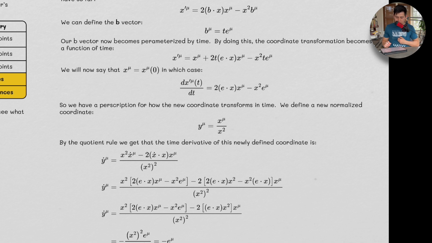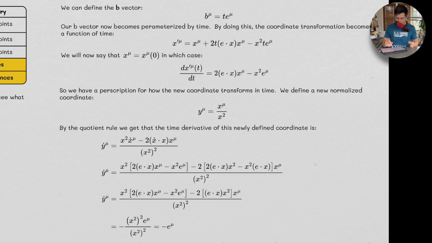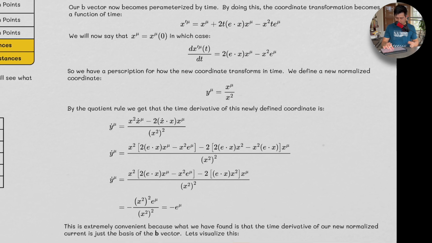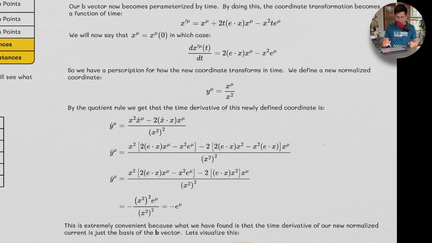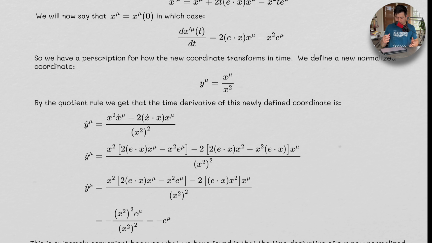We define a new parameter, a new normalized coordinate. Right? We could sort of think of this as an inversion, but not quite. I just like to think of it as a new normalized coordinate, right? So it's not like 1 over x or anything like that, but this coordinate y mu we're going to define to be x mu over x squared. So this is a point, right?